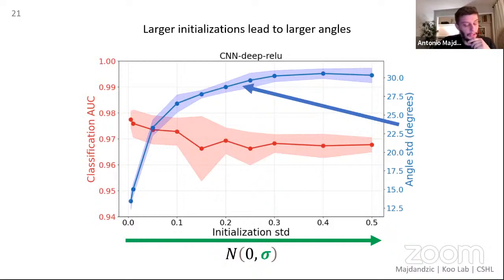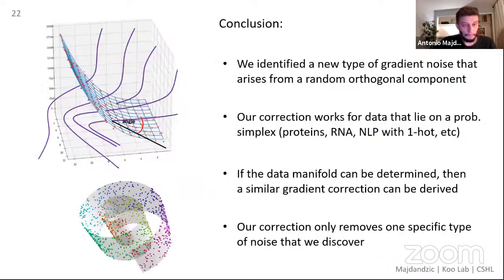The classification performance here in red stays roughly the same, albeit with a tiny decrease as initialization values increase. For this experiment, we hypothesize that a larger random initialization leads to larger initial orthogonal components, which never get corrected afterwards because there's no data off the simplex to guide the function.